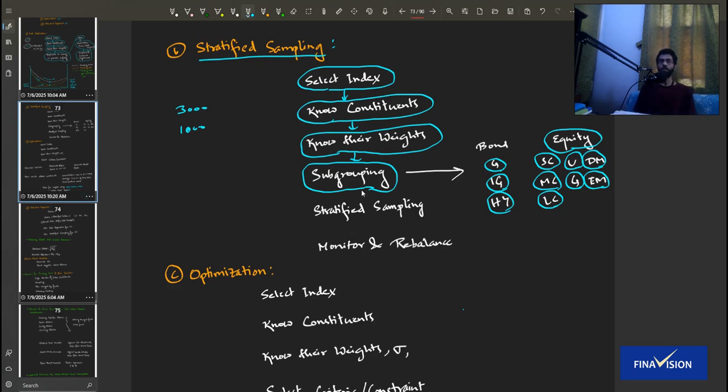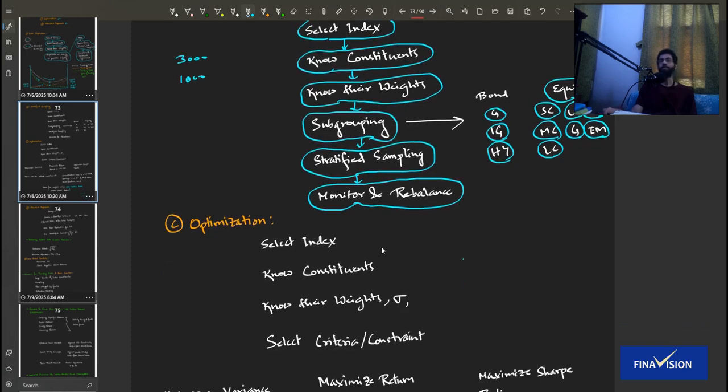This kind of a process is called stratified sampling. And the next step is to monitor and rebalance so that the representativeness is preserved in the stratified sampling strategy, right?